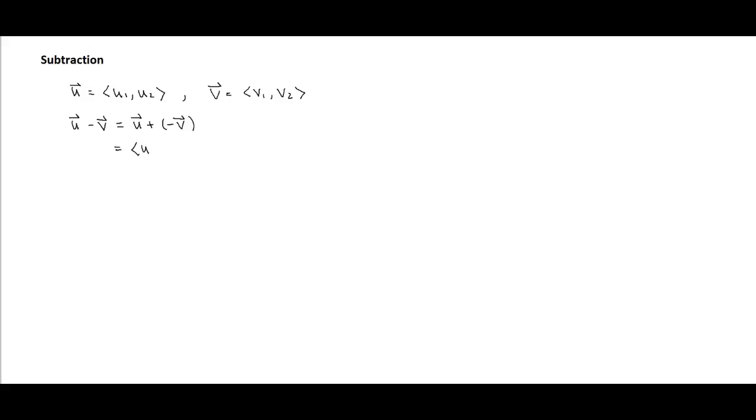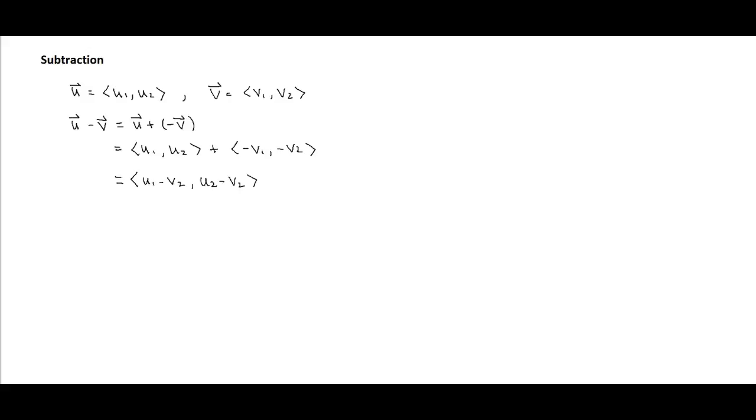So u is u1, u2. Add to it the negative of v, so that is going to be negative v1, comma negative v2. So the components of u minus v, just like the sum, in this case are just going to be the difference of corresponding components of u and v. Of course, order matters, right? U minus v is not going to give us the same thing as v minus u.